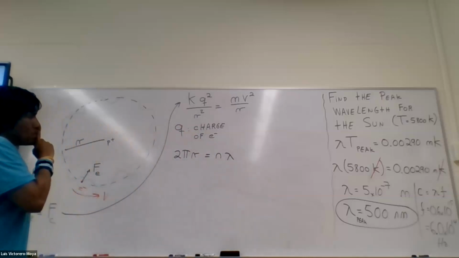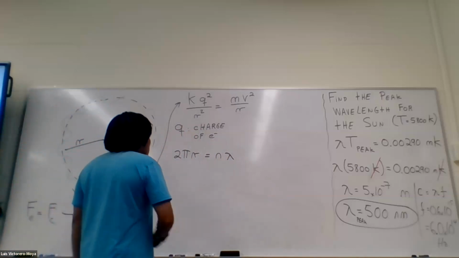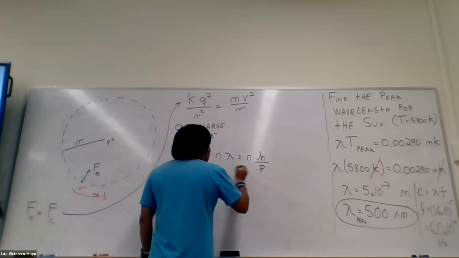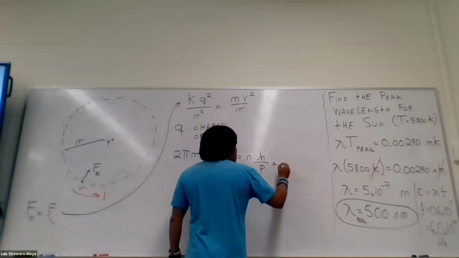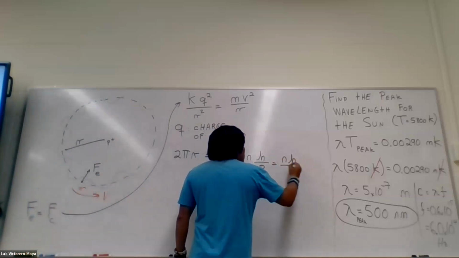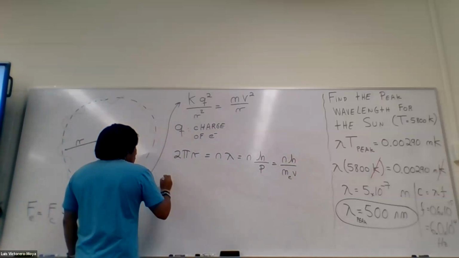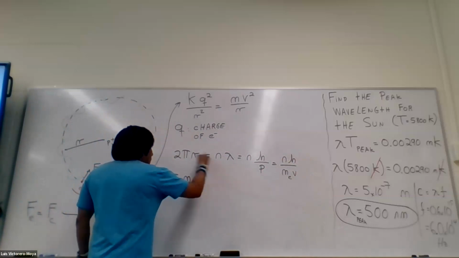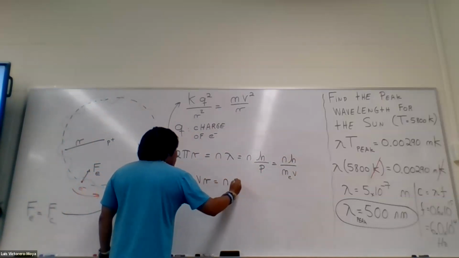But wait a second. The electron has an associated wavelength, which is equal to, and what's momentum? There. So 2 pi m_e v r equals n h.